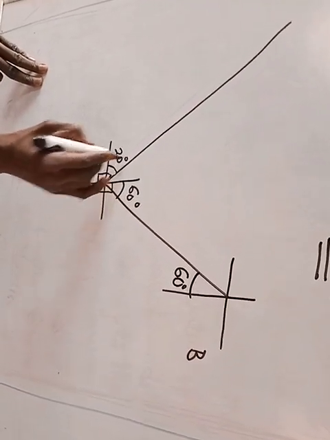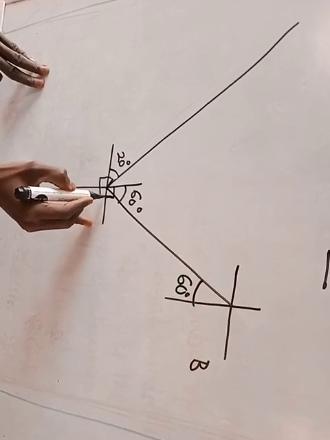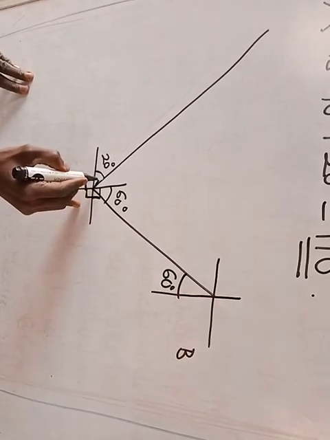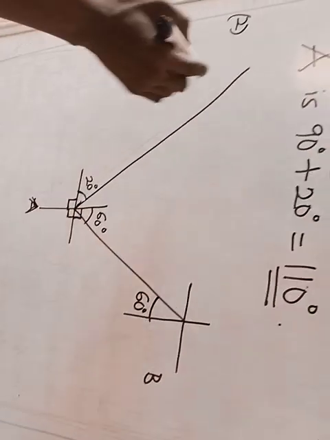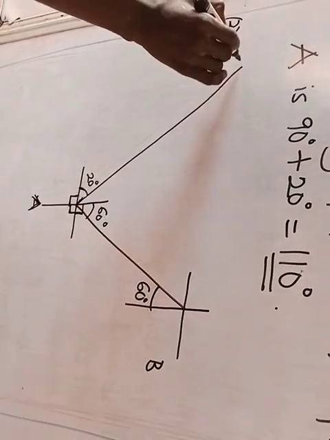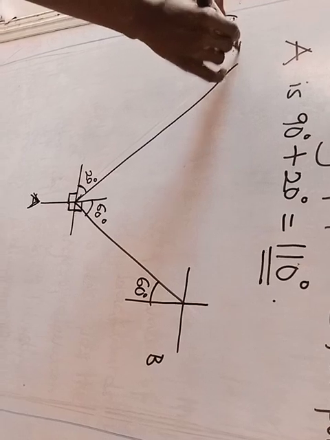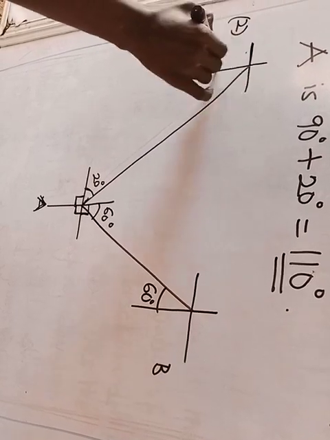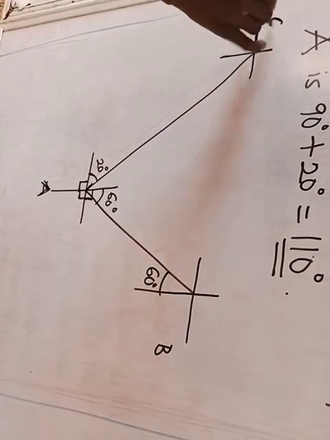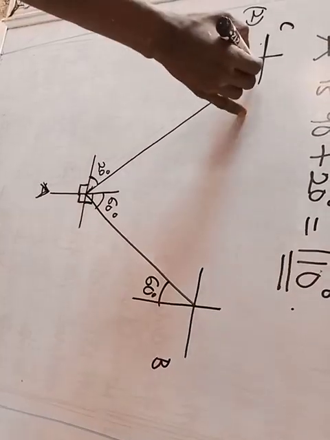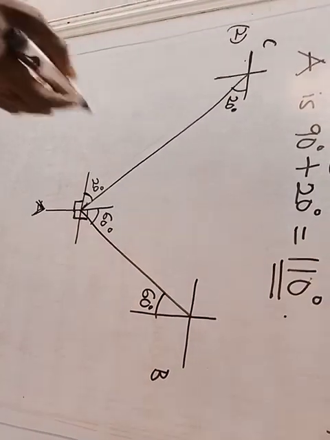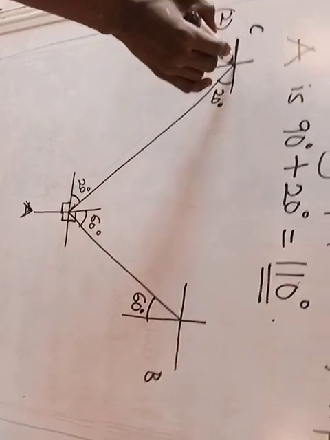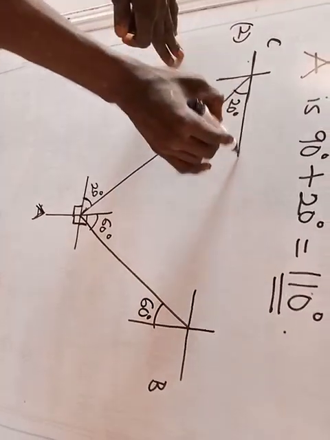This 90 plus 90 plus 90, then I have 20. This is 290. So this point C from A is 290, and this whole angle will be 20 degrees. So you can connect these lines.